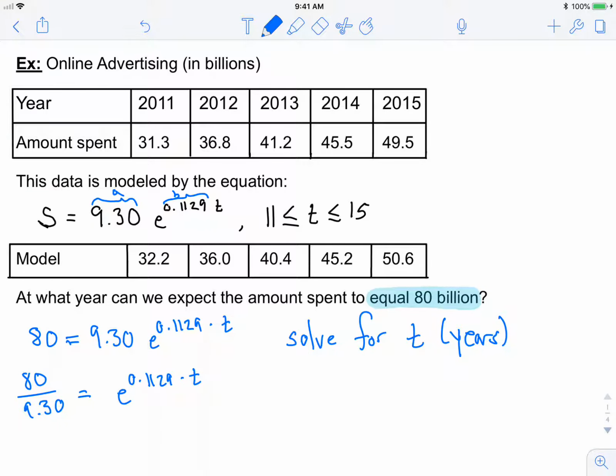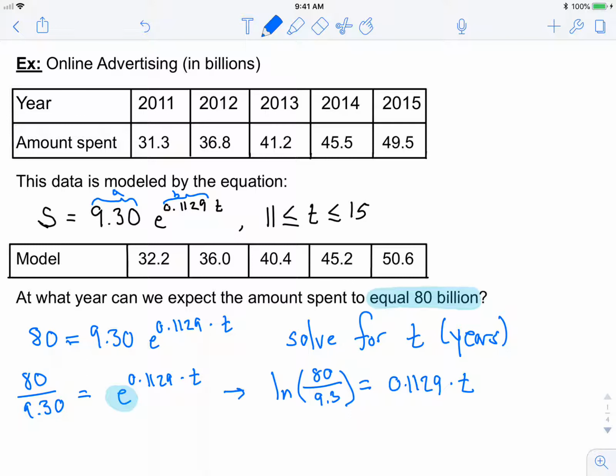And now that only the exponential is left, we can move this base of our logarithm to the other side, and we'll get ln of 80 divided by 9.3 is equal to 0.1129 times t. Since our exponential on the right-hand side had base e, then when we move it to the other side, our log has base e as well, and it's a natural log.